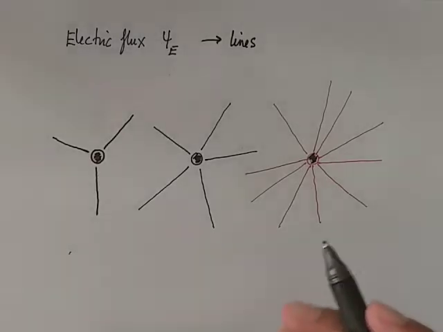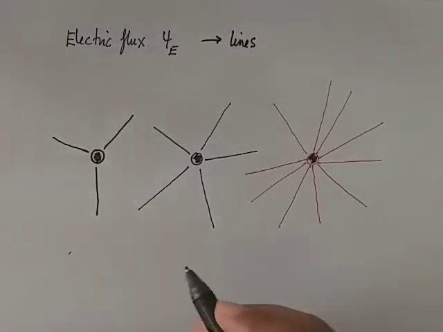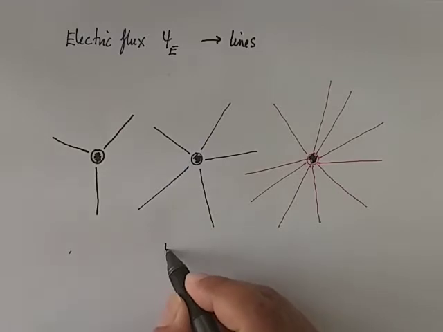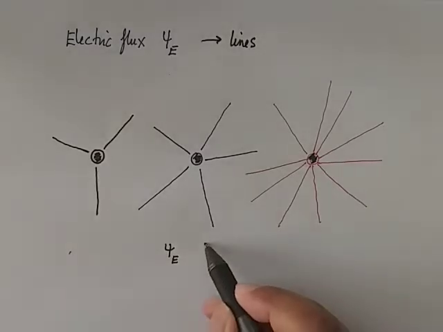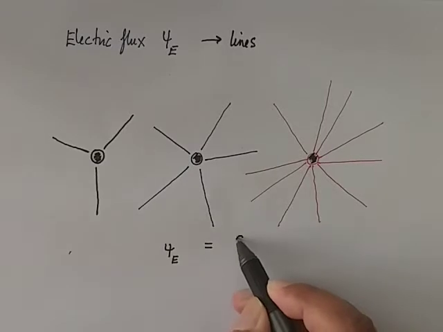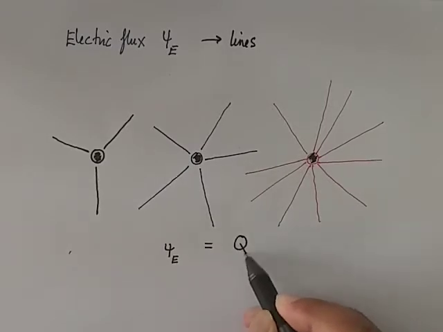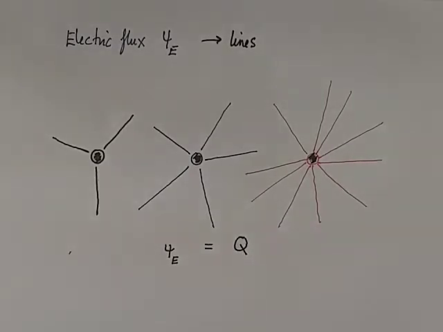So with that, the conclusion of Faraday is that the flux line is equal to the charge. That's what Faraday states: the flux, the lines coming out from the source, is equal to the charge.